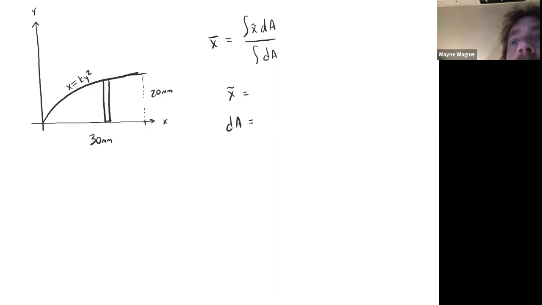Now remember that the coordinates of the top of this box are X comma Y. So where's the centroid of that box? If I were to draw it, where would I draw it?